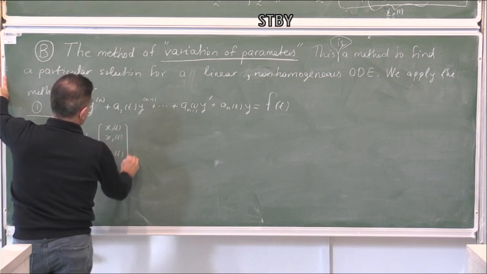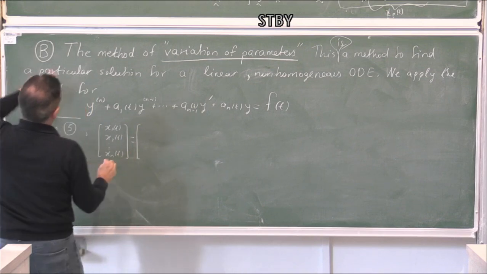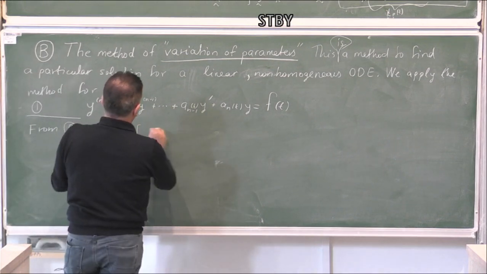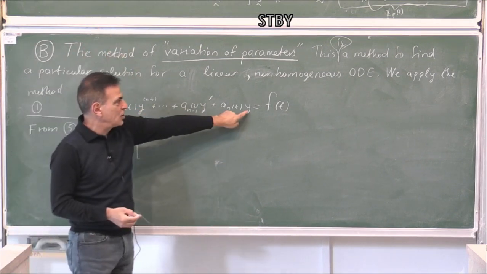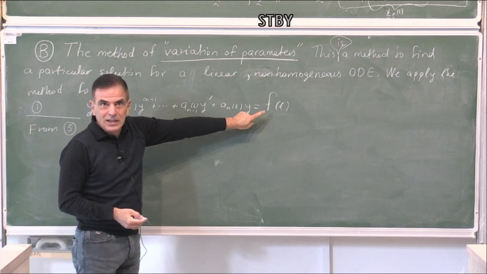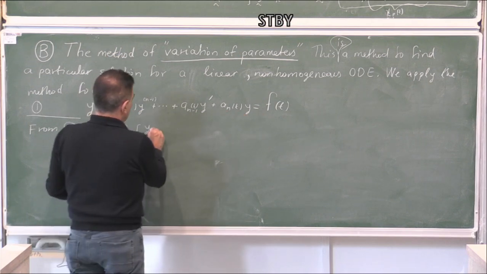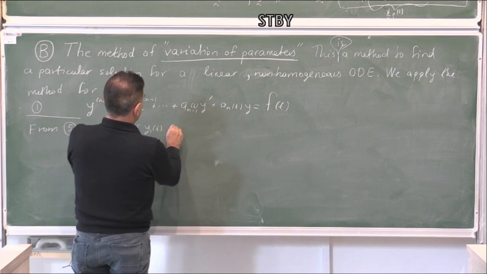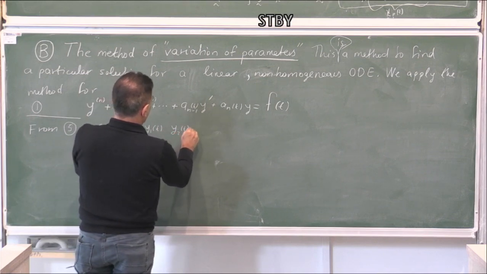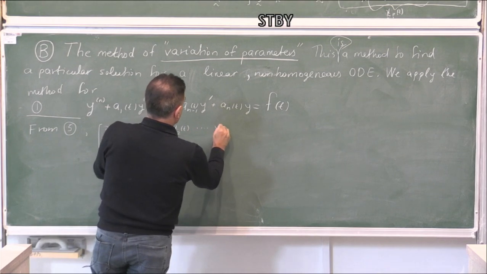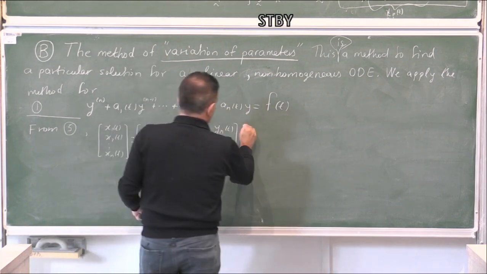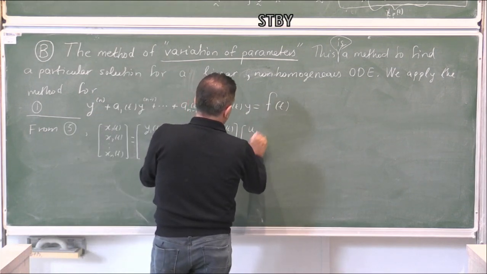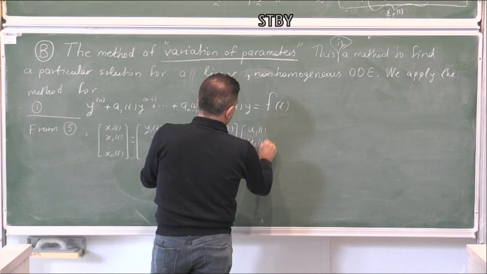xn of t, good, is written as a fundamental matrix times u, and the fundamental matrix, if the system is the system representation of the single linear ODE of order n, has these first column y1 of t, y2 of t, yn of t, so on, and here we have u1 of t, u2 of t, un of t.